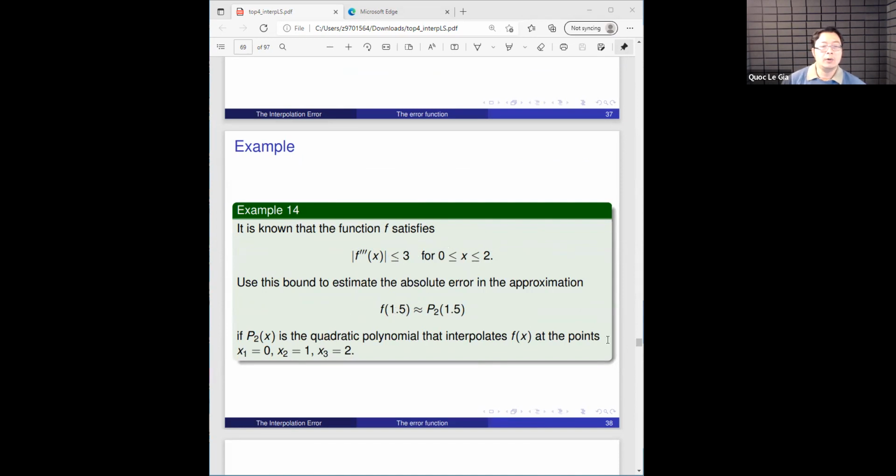So now we have 3 interpolation points, 0, 1, and 2, right? But we want to estimate the absolute error at 1.5. So we approximate f by P2 at 1.5, and we want to estimate the error.